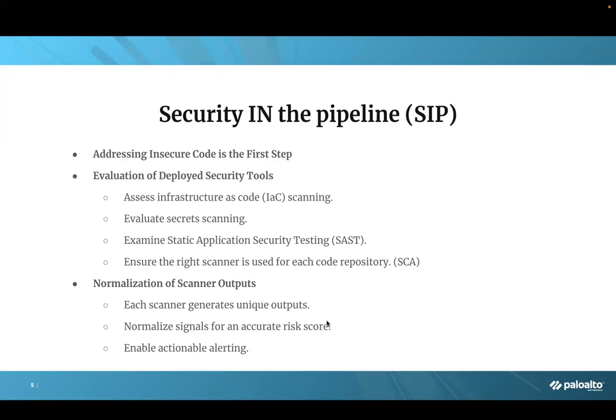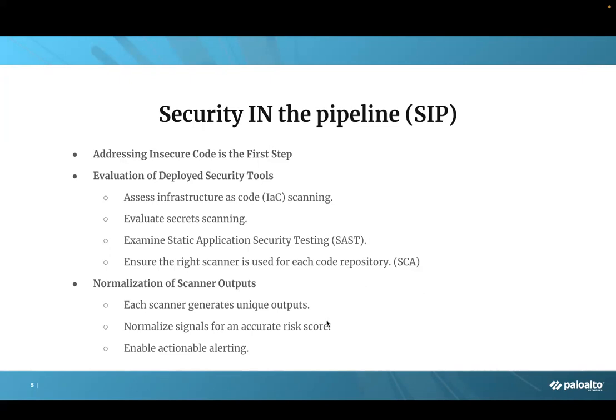We must also evaluate all the deployed security tools, like infrastructure as code, IaC, scanning, which scans for misconfigurations. We have secrets scanning, and then SAST, static application security testing, etc. The important part here is we need to ensure the right scanner is used for each repository, right? The reality, generally, is that every scanner has its own output.